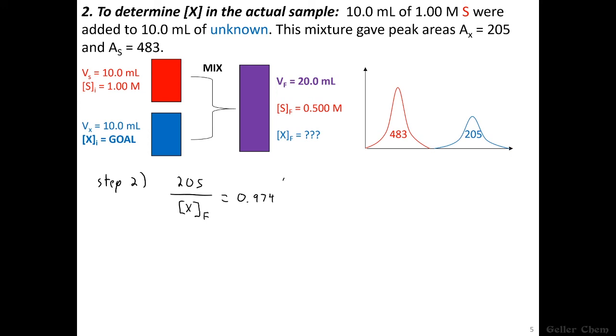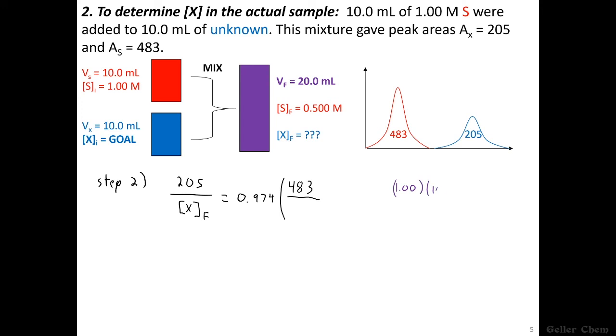So that number is going to multiply our other ratio. The signal for the standard is 483. And we know its concentration. It may have started at 1.00 molar, but now it's been diluted. And I'll quickly do this off to the side, but we should be very comfortable with M1V1 equals M2V2, right? So initial concentration, 1.00 molar.